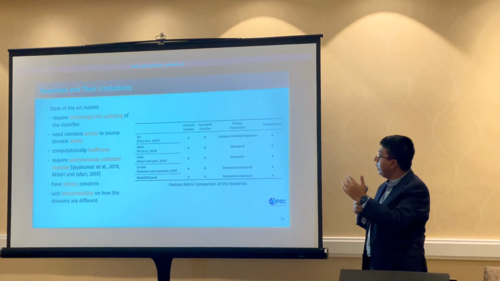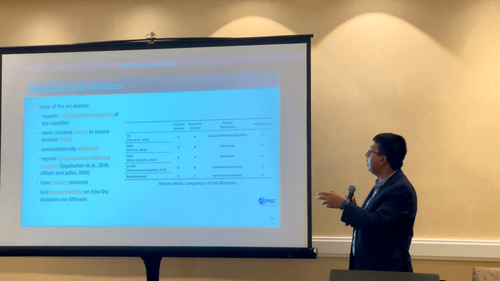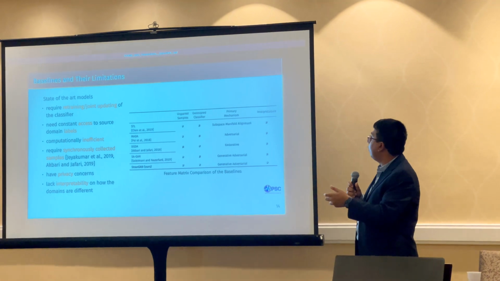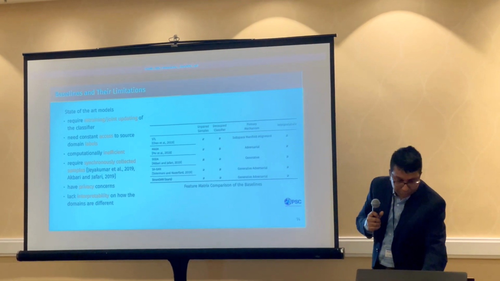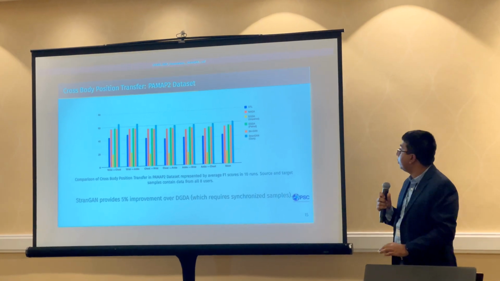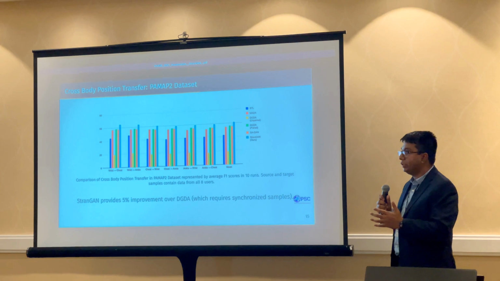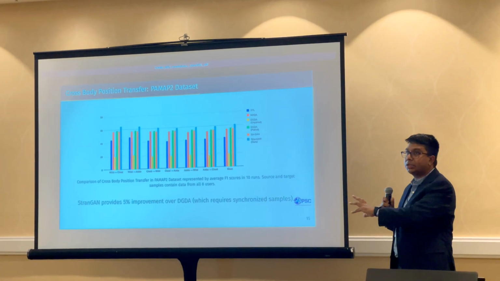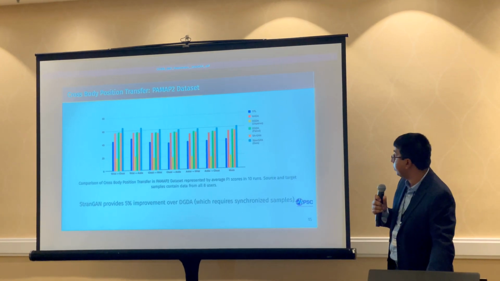But as you can see, each one of them suffers from at least one demerit: they either require paired samples, or they modify the classifier, or they are not interpretable at all, whereas we check all the boxes. In cross-body position, we get up to 5% improvement over the GDA with synchronized samples. Without synchronization, which we don't require, we get much higher, up to 7%, I presume.